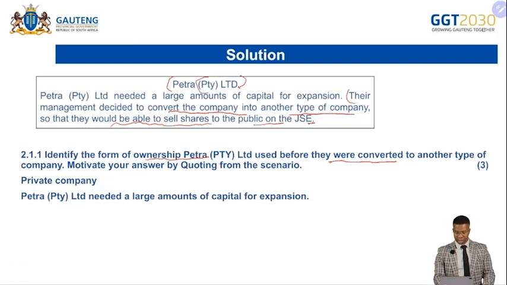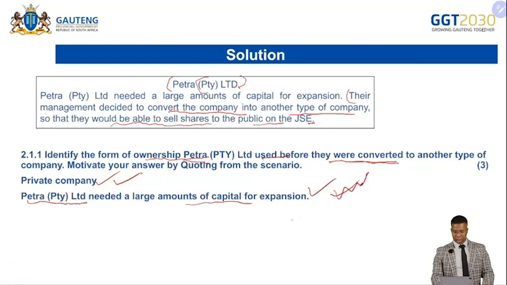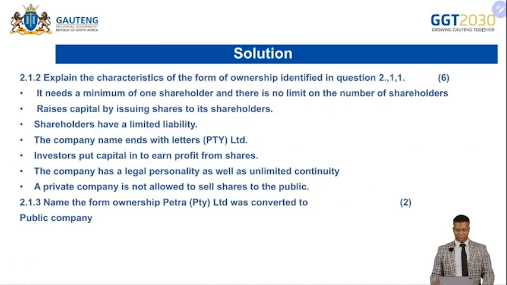The question said, identify the form of ownership that Petra Pty Ltd used before they were converted. So before they were converted, they were a private company. 2 marks. The motivation is because Petra Pty Ltd needed a large amount of capital for expansion. So that is your motivation over there. Then we move to the characteristics of the form of ownership identified in 2.1.1.